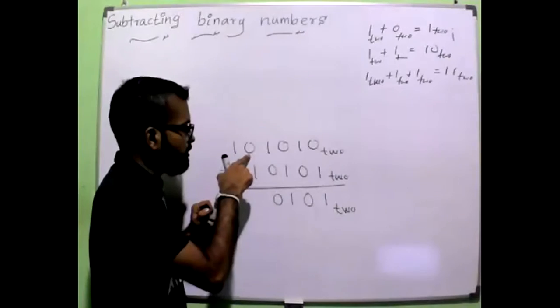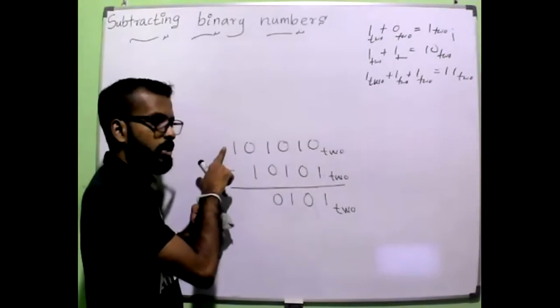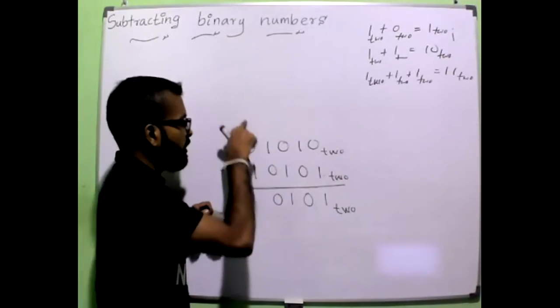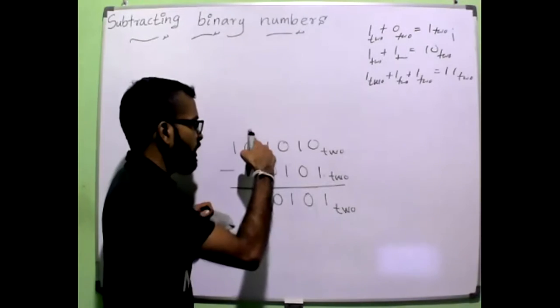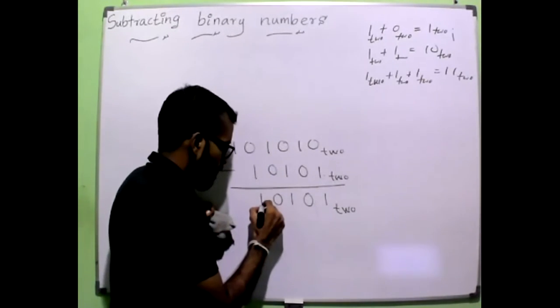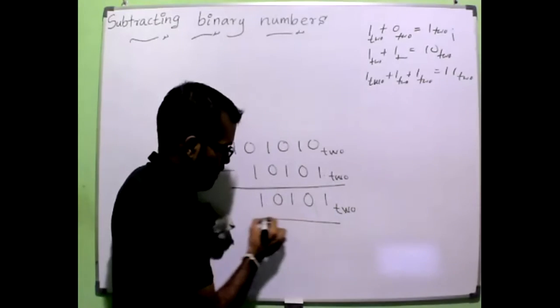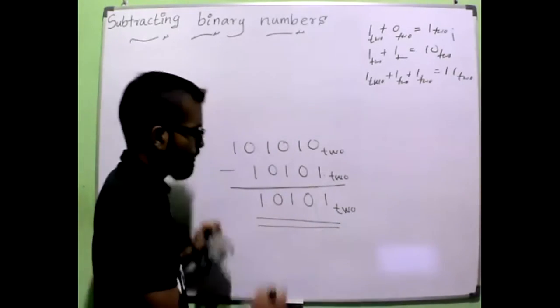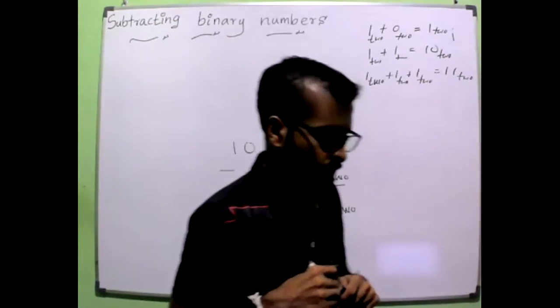Here you have again 0. Go to your left hand side. Here you have 1. Take it to this side, to your right hand side. Then it becomes 2. 2 minus 1, 1. Your answer is correct. Perfect.